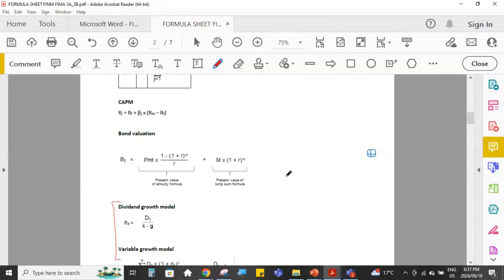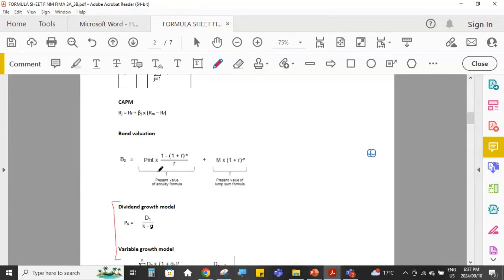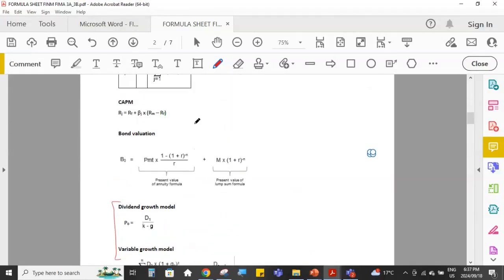Take note also that on the formula sheet, you are given the formulas, but nowhere do they give you keys to the formula. They don't tell you what D1 represents, or K or G or P0, or what Rj, Rf, and the others are. So you have to know your formulas so that you know what each variable represents, and can make the correct substitutions from the question into the correct places in the formula.